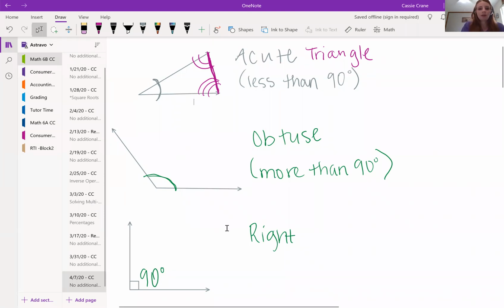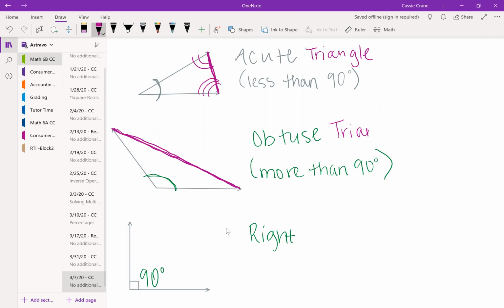Let's do the same thing for this obtuse angle. Instead of an angle, let's connect the ends and make it a triangle. I know my line isn't very straight, but just pretend it is. So yeah, this one is called an obtuse triangle because it has one obtuse angle.